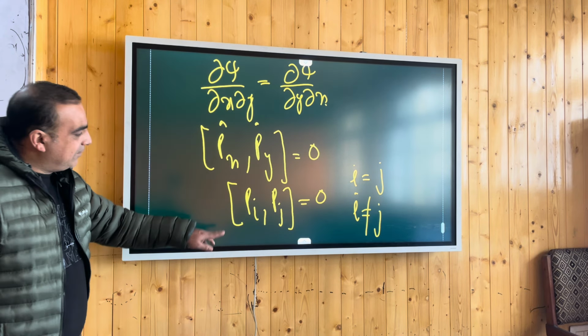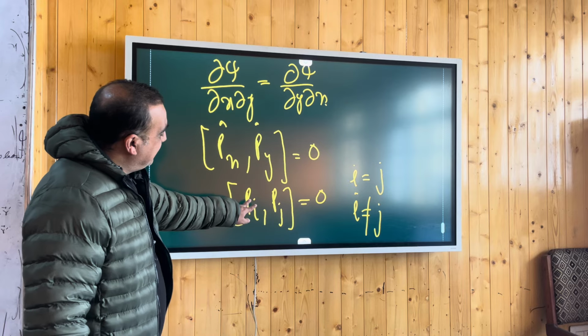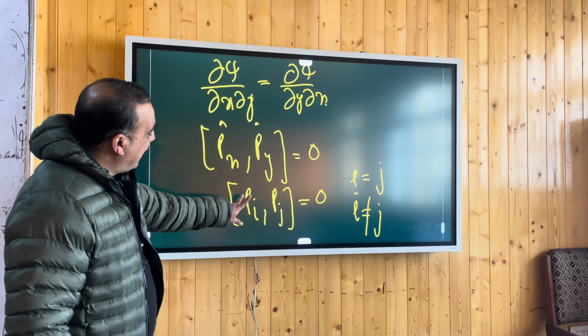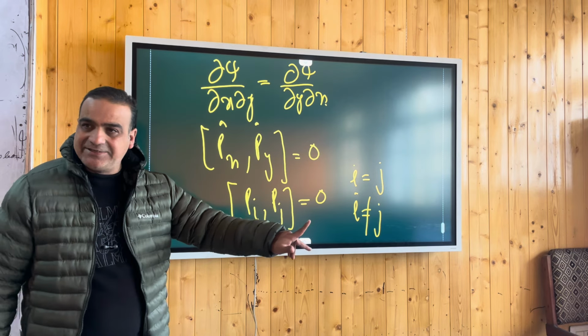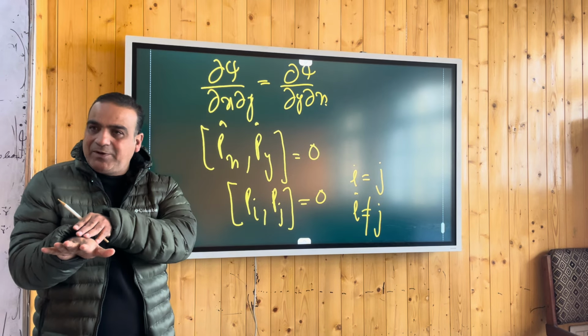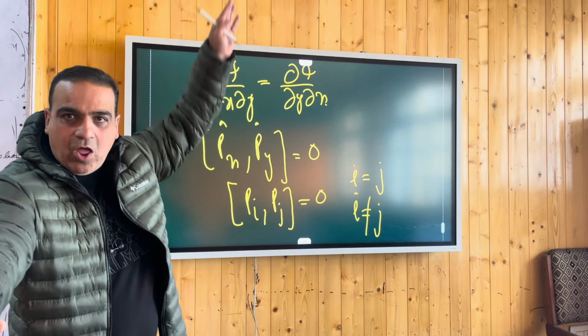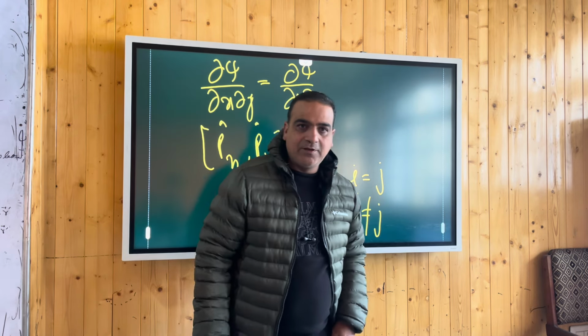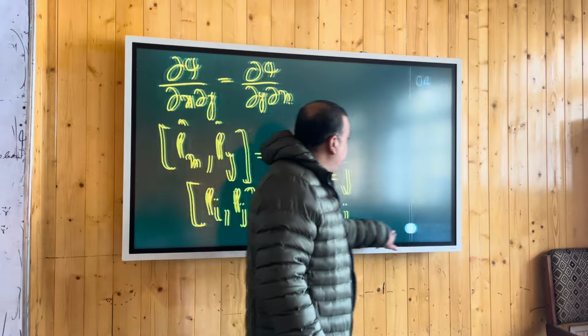So there is no problem in calculating the linear momenta of a particle along two different coordinates at the same point of time. I can calculate its linear momentum along x and along y at the same point of time. So this is another realization of these commutation relations.